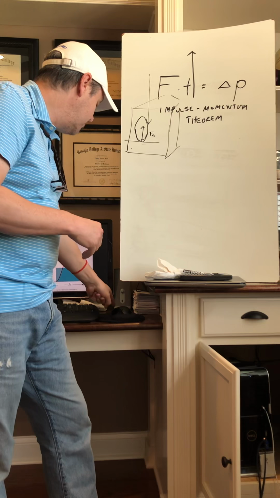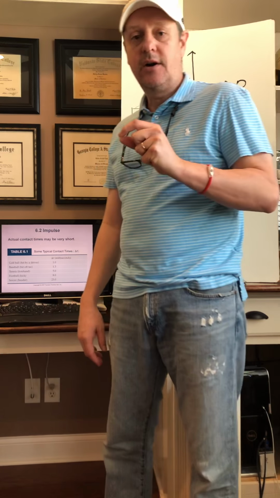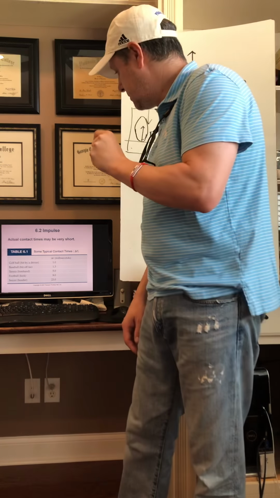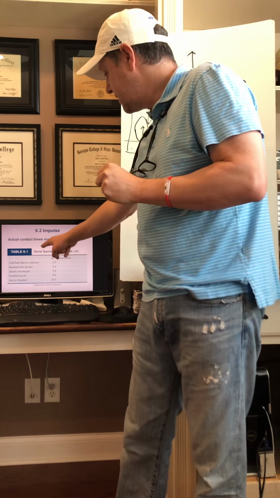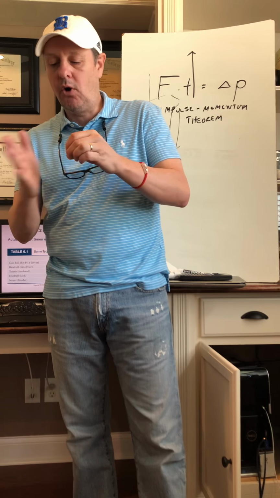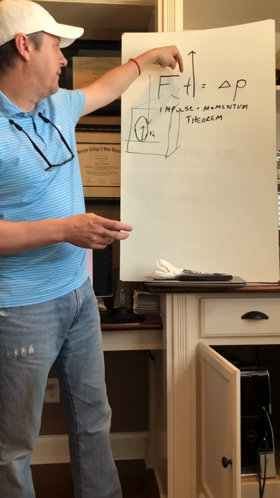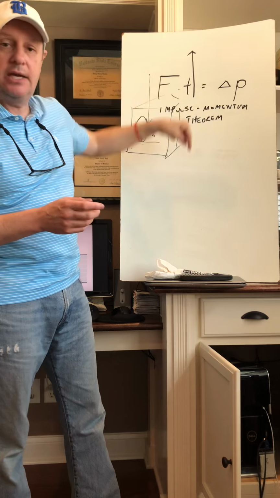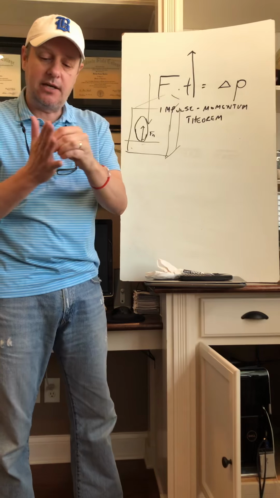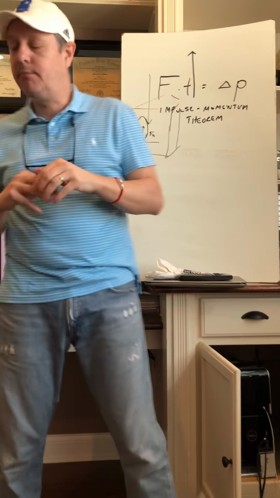The next slide gives you a couple of examples of times that are involved in an impulse action reaction. It says a golf ball hit by a driver. A golf ball is on that club head for about a millisecond. So if that time is extremely low, then the amount of net force that golf club applies to that golf ball is extremely high when you hit a golf ball.